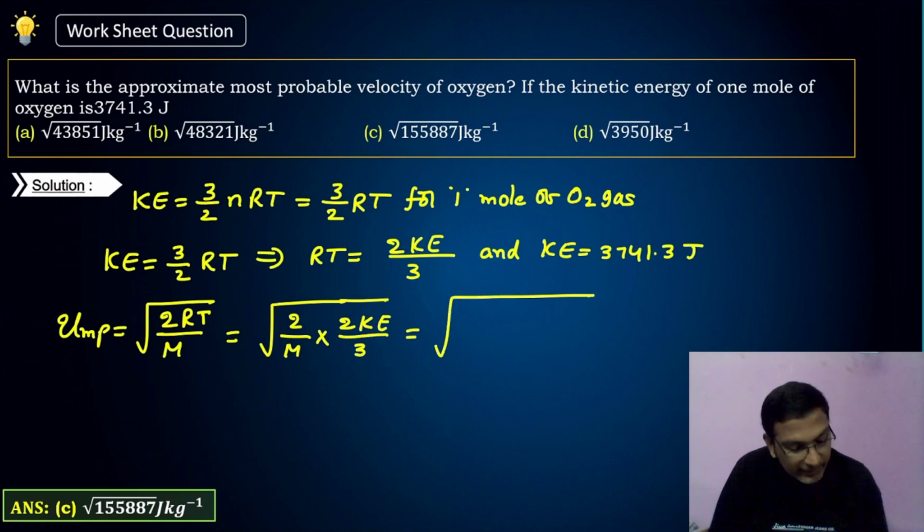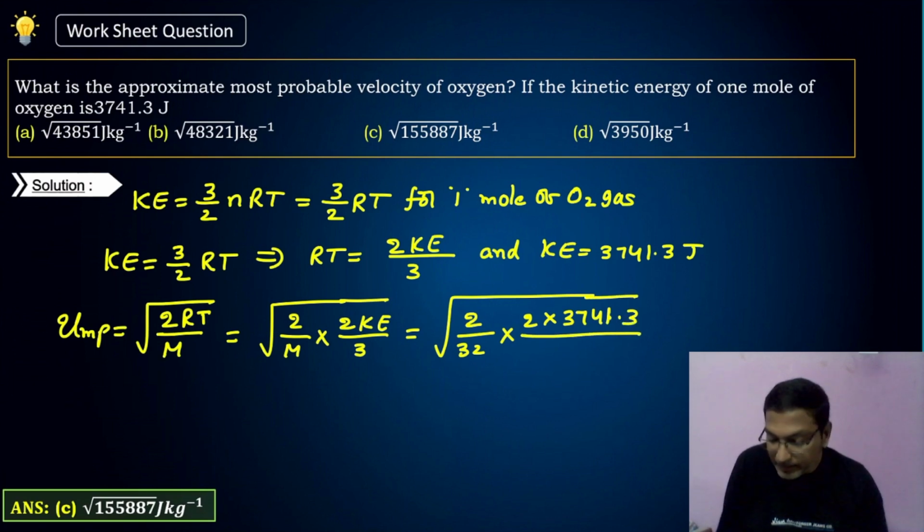So substitute the values: 2 by the molecular weight of oxygen, 32, into 2 into KE, 3741.3, divided by 3.